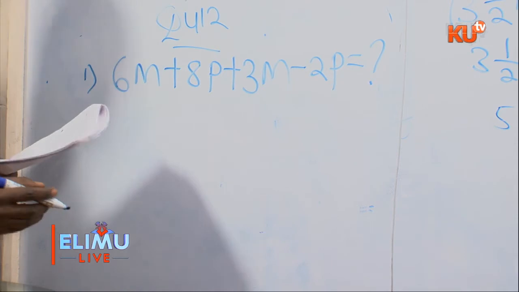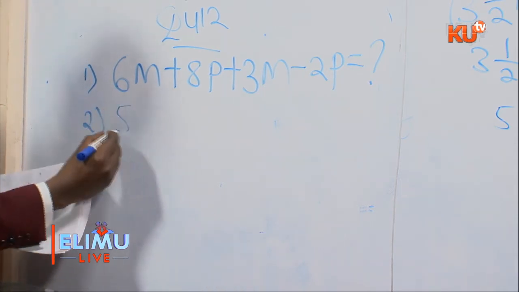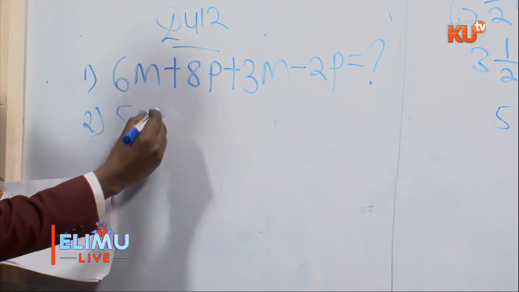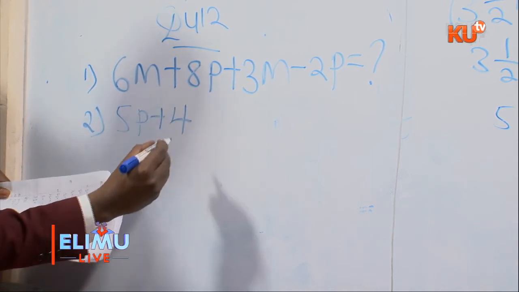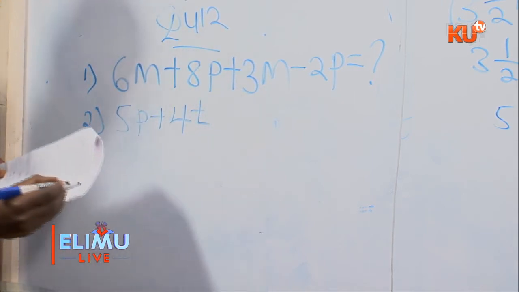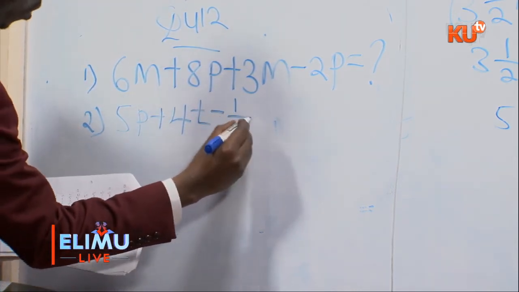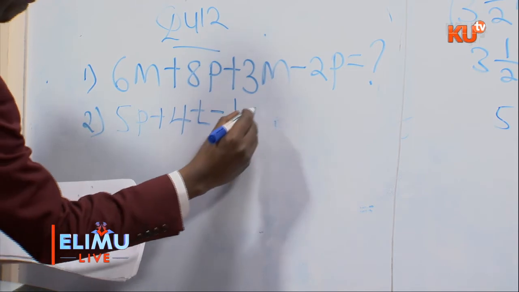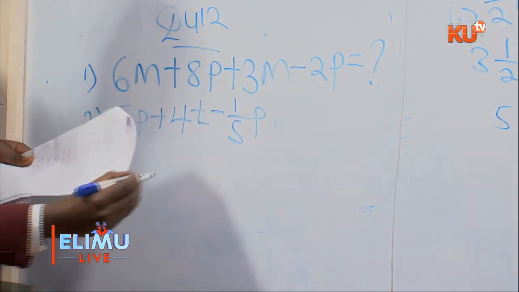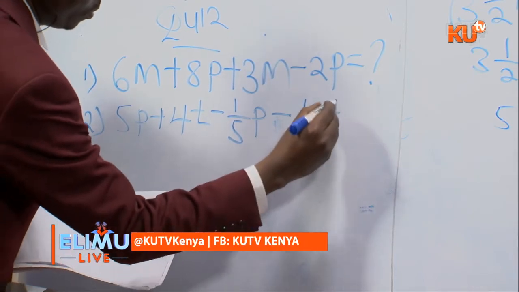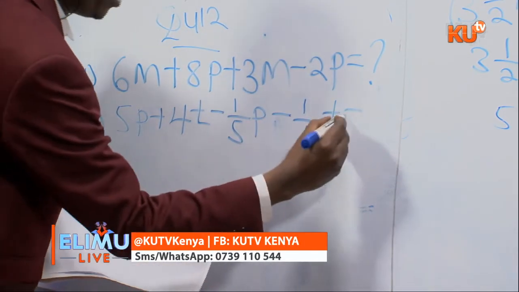The second one is 5p plus 4t take away 1 all over 5p take away 1 all over 4t. What do we get?